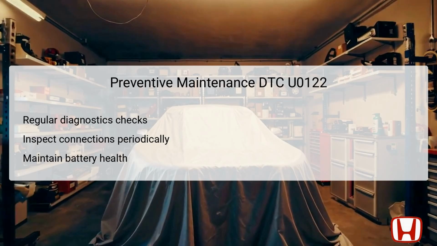maintain optimal vehicle performance. Additionally, it's vital to routinely inspect all electrical connections, including those associated with the VSA system, to prevent issues caused by corrosion, looseness, or other forms of degradation. Ensuring the battery health is also paramount, as a poorly functioning battery can affect electrical systems throughout the vehicle, including communication lines.